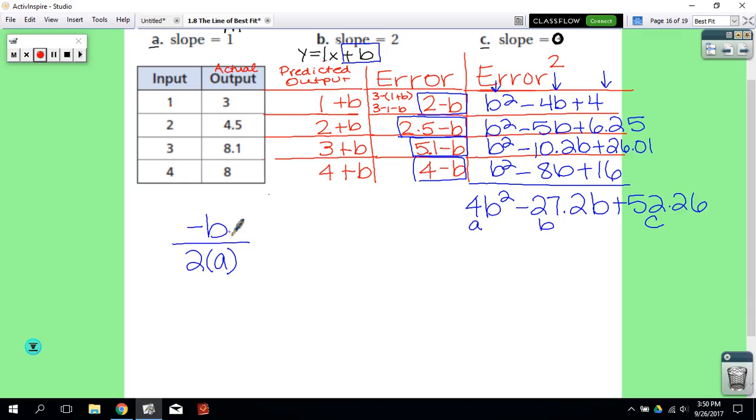So when we plug it in here, it's going to be the opposite. So we have a positive 27.2 divided by 2 times 4. So 27.2 divided by 8. And that gives us, I did this wrong, 27.2 divided by 8 is equal to 3.4.